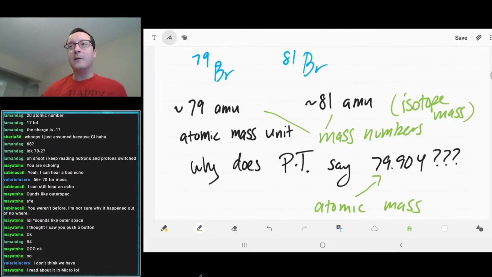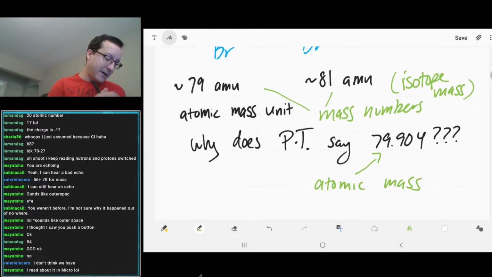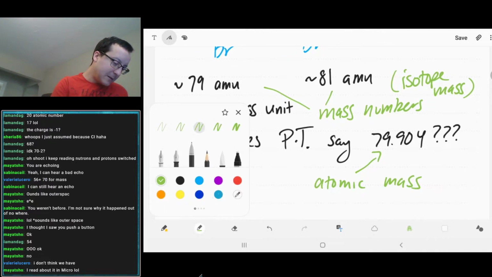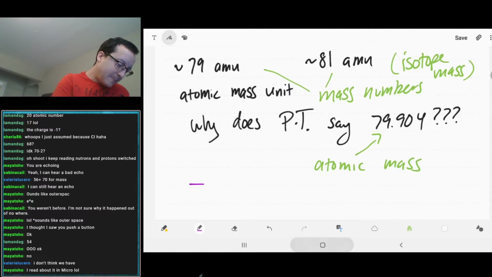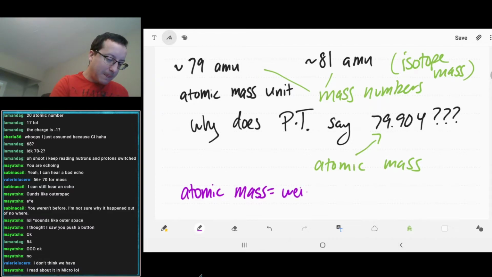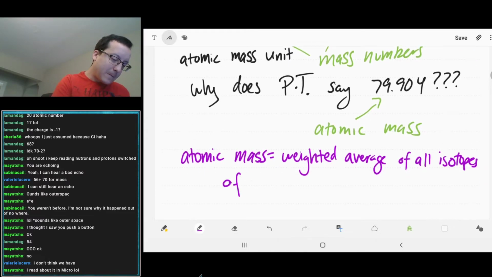And so we're going to see that the atomic mass, let's use purple, why not? Atomic mass is going to be the weighted average of all isotopes of an element.